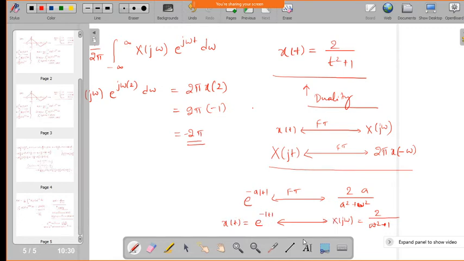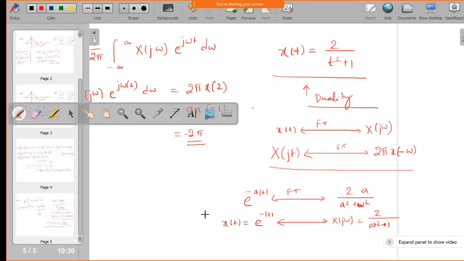So we get x of jt equal to e power minus magnitude of omega, and its transform x of omega is equal to 2 by t square plus 1.